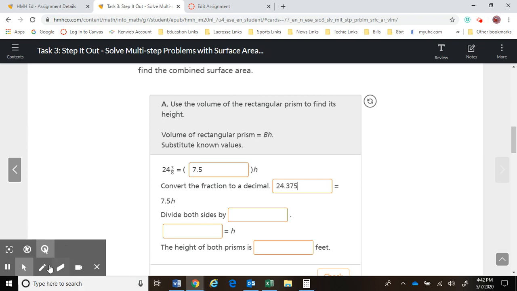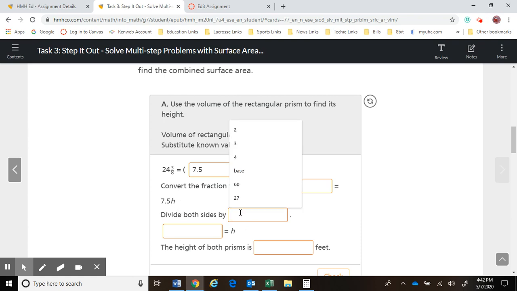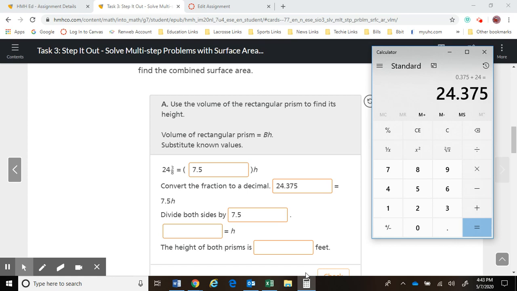So just like in previous problems, I need to divide both sides by the coefficient of h, or the value that we're multiplying by h, or the number in front of h. Divide both sides by 7.5. Okay, so 24.375 divided by 7.5.